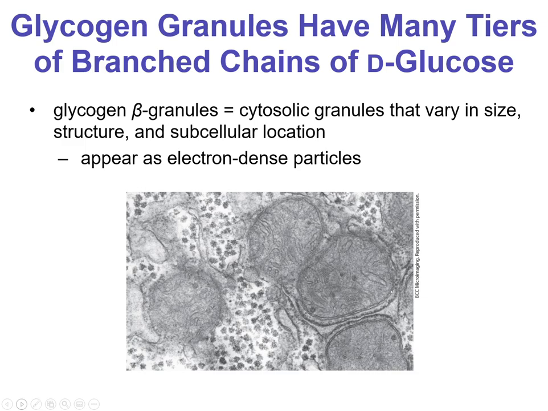So here's some imaging of glycogen beta granules. So these are cytosolic granules. They vary in size and structure and localization. So pretty much they can do what they want, right? But you can see these very dense particles. Those are the glycogen beta granules.